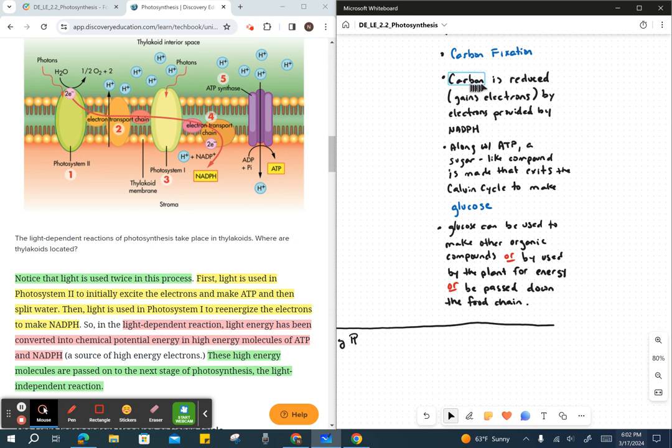What actually happens is CO2 is going to be reduced. If you remember our little acronym, LEO the lion says GER, gaining electrons is reduction. So carbon dioxide is going to gain electrons. It is going to be reduced, and those electrons are actually coming from that high energy molecule, NADPH.